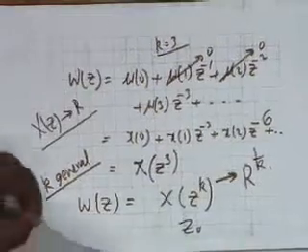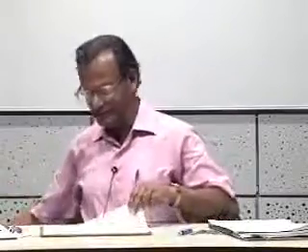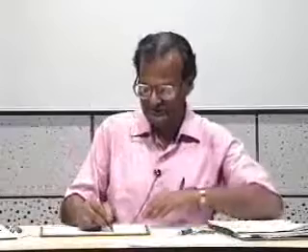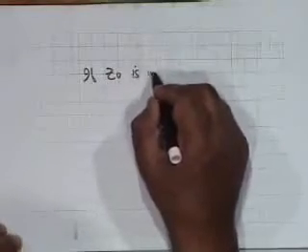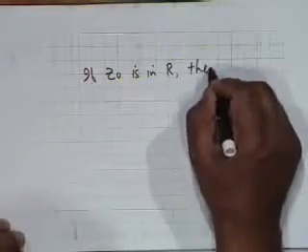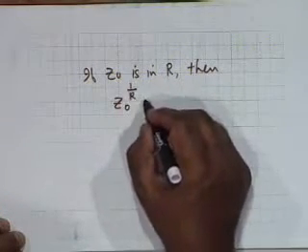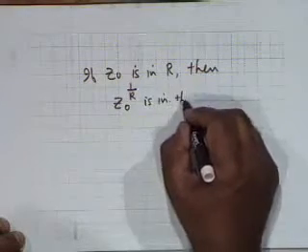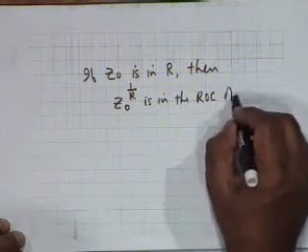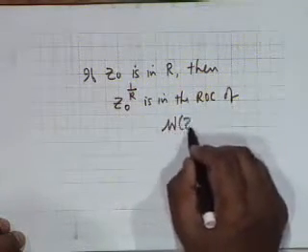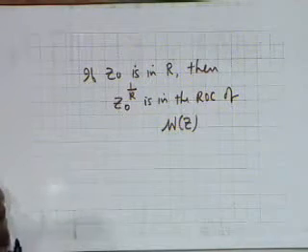What we mean by R to the power 1 by k is simply this: if z0 is in R, then z0 to the power 1 by k is in the ROC of W of z. This is what it means.